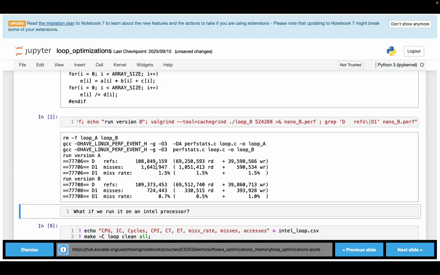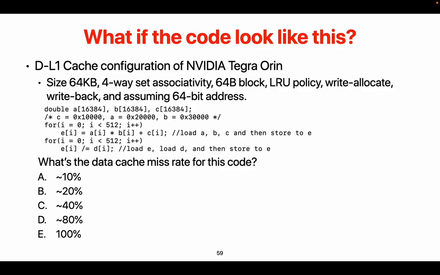With version B, the cache misses are significantly reduced. So that means it's a very effective way to reduce the miss rate. But what is the miss rate? Can we do a numerical analysis on this one?